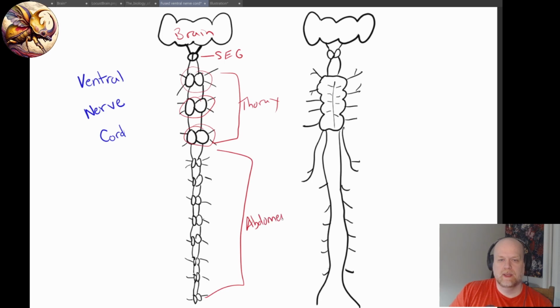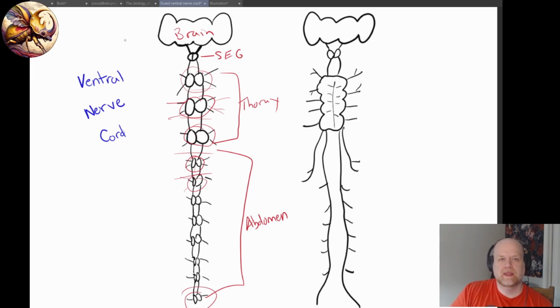There's one ganglion for each thoracic segment and each abdominal segment, and they have nerves coming out of them. These are the nerves that control breathing for that segment and the movement of the limbs on that segment, or innervate individual organs, or the back ones here control the genitalia, things like that.